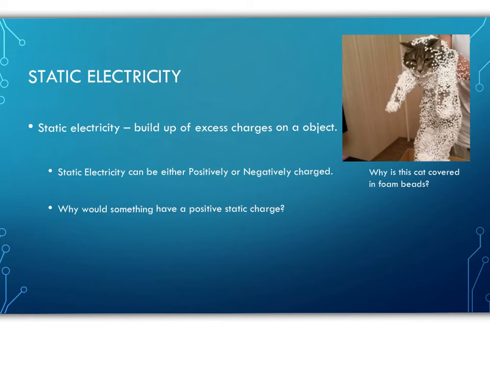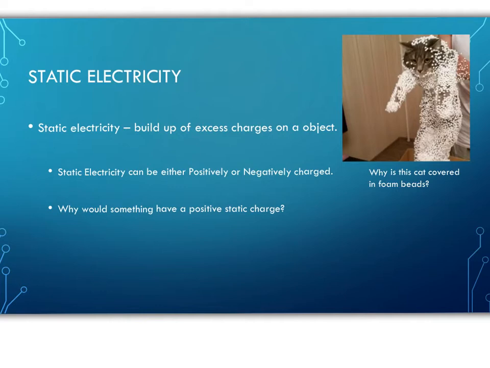Alright, so let's start with static electricity. Static, if you remember, means not moving or stuck in place, kind of. So static electricity is extra charges that are stuck on an object in one place. You can either have positive or negative static electricity. You think, well, why does something have positive static charge?